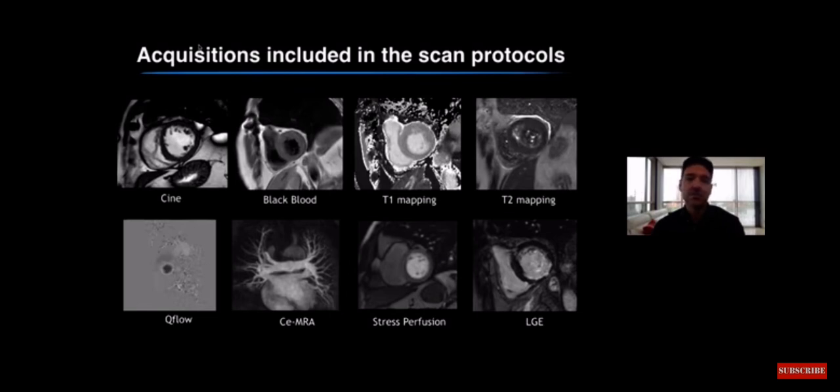Cine images suitable to study structure and cardiac function, classic T1 and T2 black blood, T1 and T2 mapping sequences that allow quantification of T1 and T2 times to better characterize myocardial tissue, phase contrast sequences to study valve fluxes, angiographic sequences to study vascular structures, for example pulmonary veins, first pass stress rest perfusion sequences suitable to study coronary flow-limiting stenosis, and of course, the late gadolinium enhancement, where you can see straightforward white on black necrotic or fibrotic tissue. And just regarding these sequences, you must remember always that white is bad.